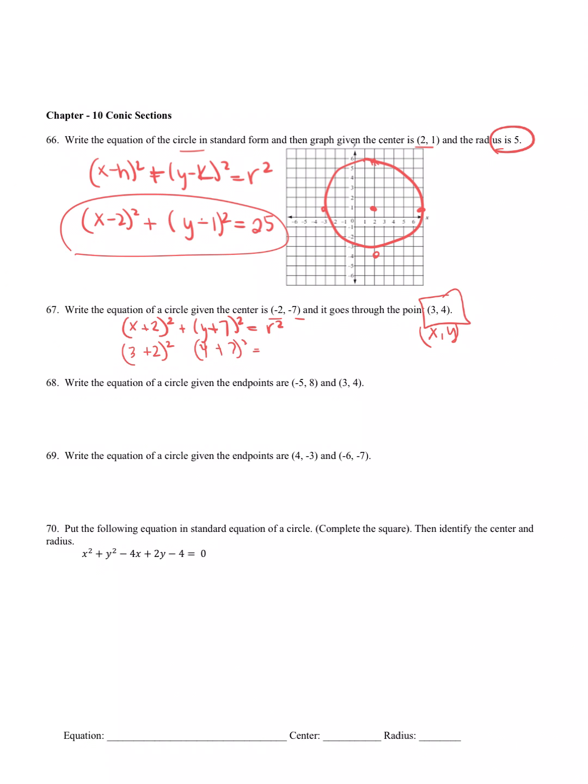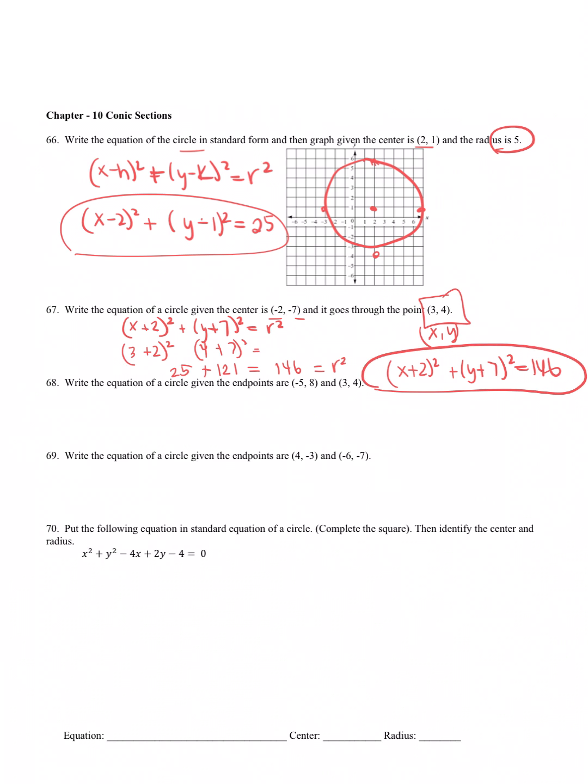This is going to be what r squared is equal to. So 11 squared is 121. 5 squared is 25. So this is equal to 146, which was your r squared. So that's what goes in your equation. So it's x plus 2 squared plus y plus 7 squared is equal to 146.